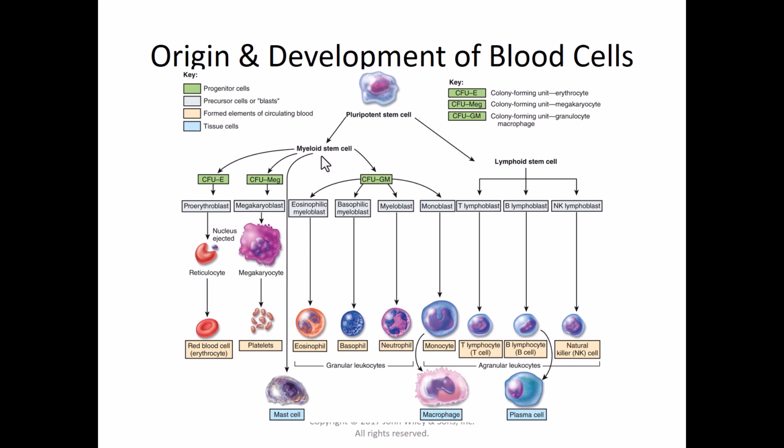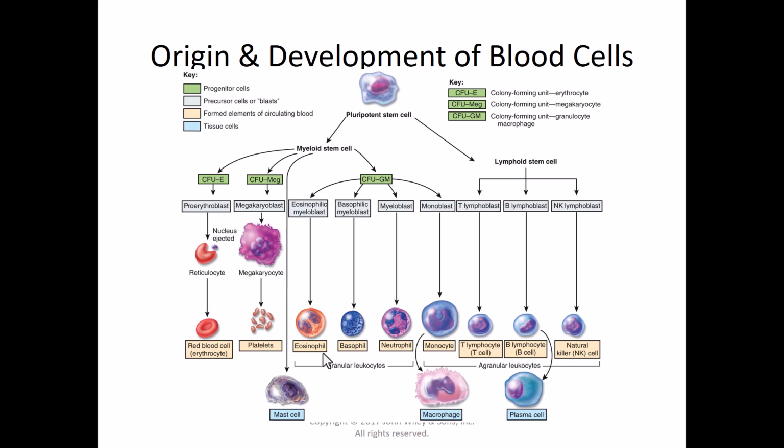These are a type of cell for immunity that we will talk about a bit with the immune system. And then we also have our granulocytes, the eosinophils, basophils, and neutrophils coming also from that same lineage. Monocytes are going to be an agranulocyte, and they can become macrophages, and we should think of macrophages as phagocytes.